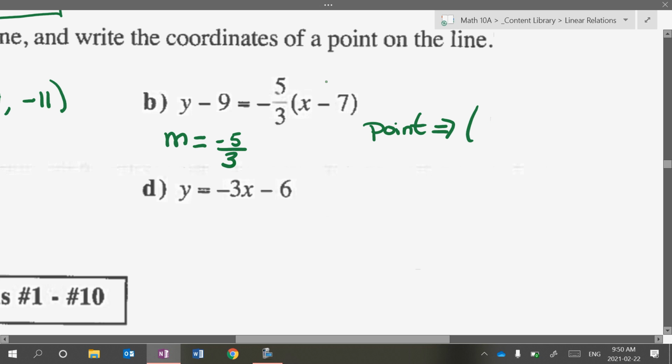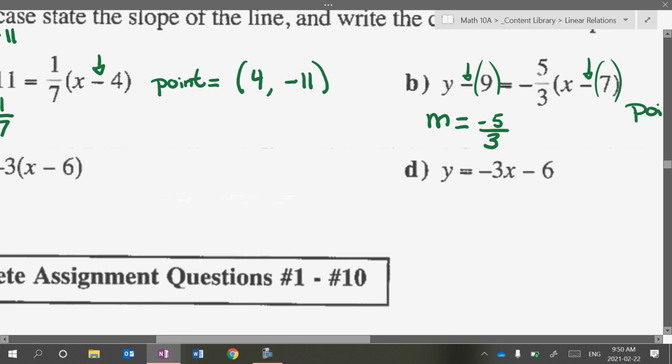No. So remember, the negative is part of the formula, so you can just ignore it. So we're just looking at the 7 and 9. So which is my x? 7. So we get 7 and 9 is our point. It's tricky, and it's something you really have to think through.